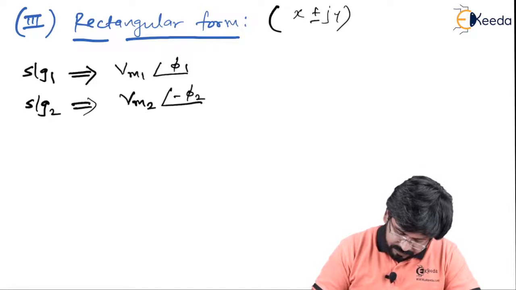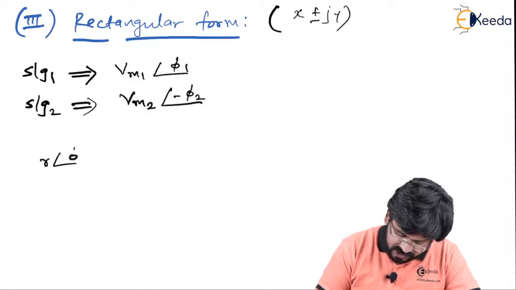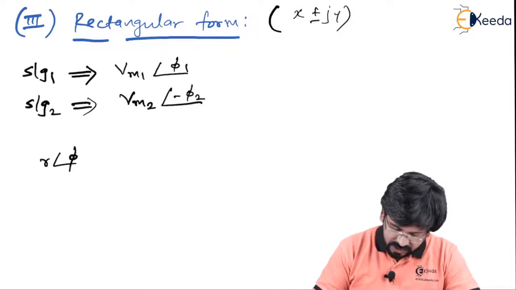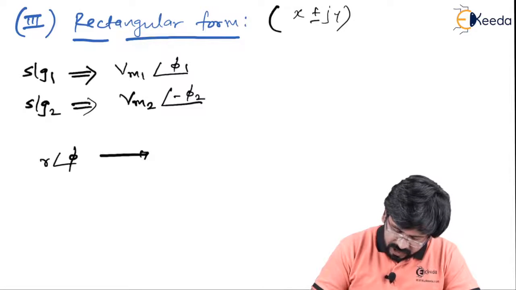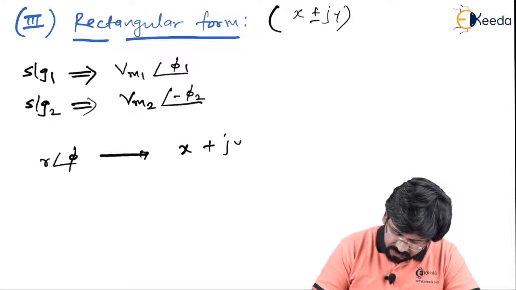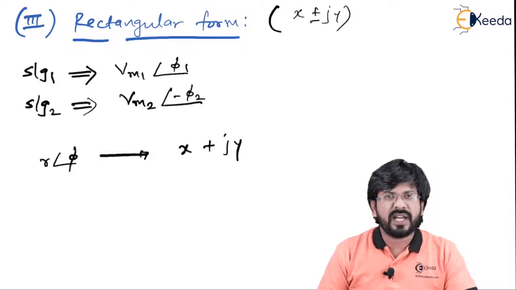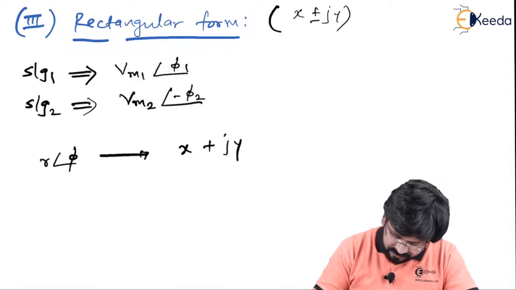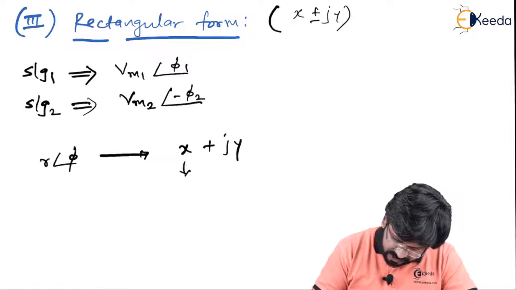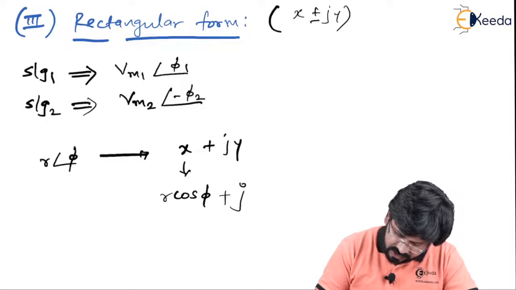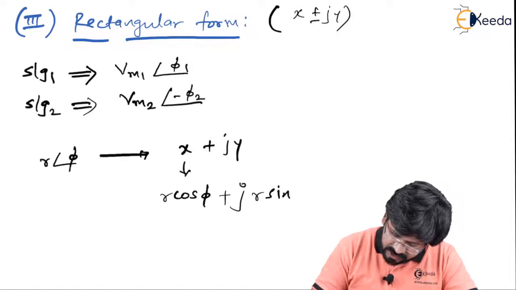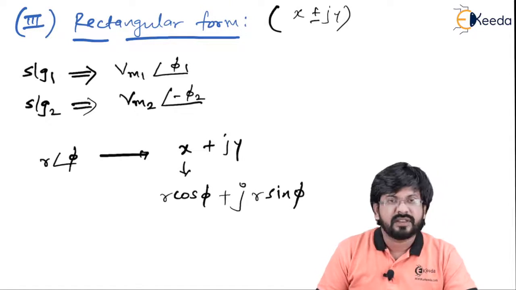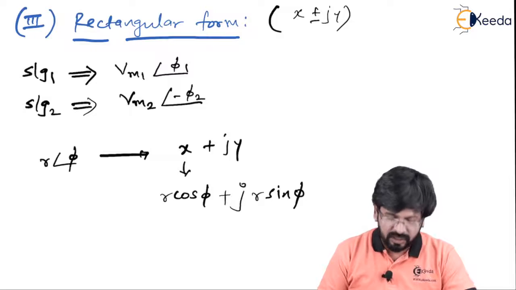For example, if r phase phi is given, this is a polar form. If you convert into rectangular form, it becomes x plus jy, where x is r cos phi and y is r sin phi. This is how we convert polar form to rectangular form.